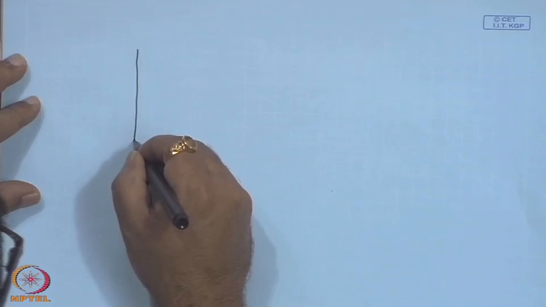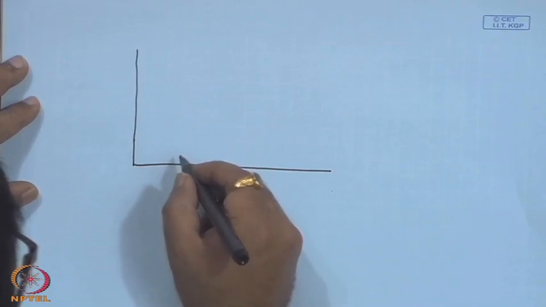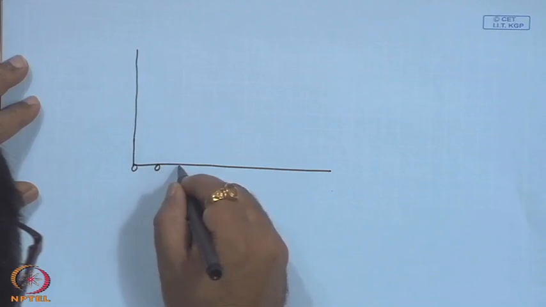Okay. So, let us see in detail. I would like to explain with more in detail. Suppose these are the boundary points.